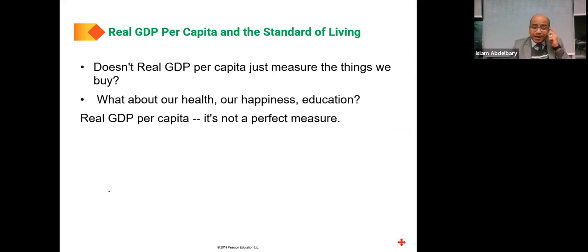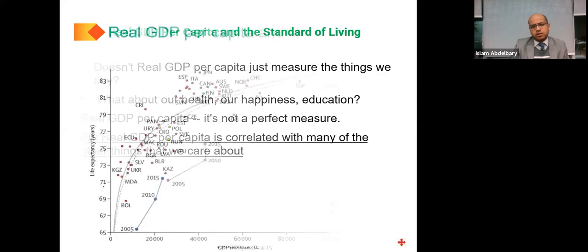Yes, but the empirical evidence, applied economic research, found the following fact: GDP per capita is strongly correlated with all of these variables.